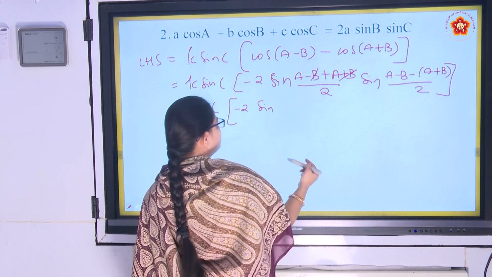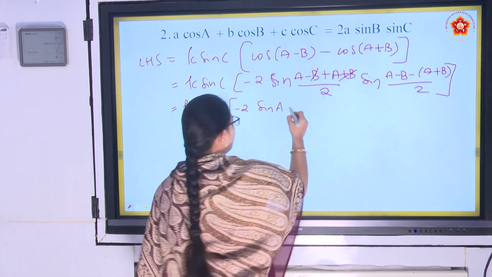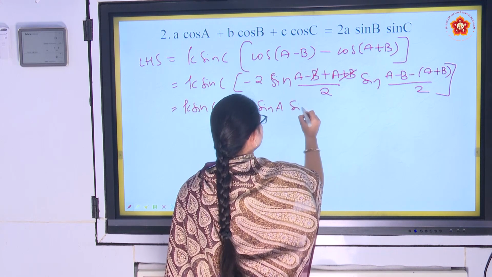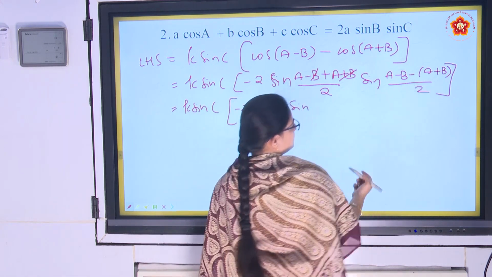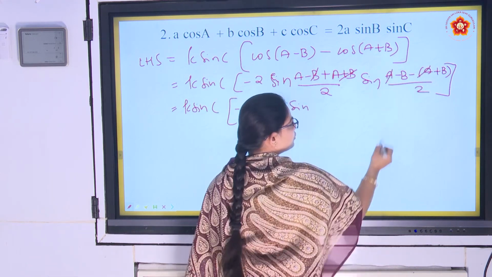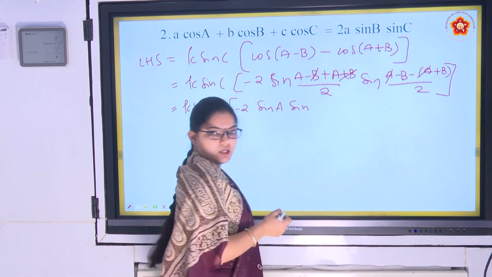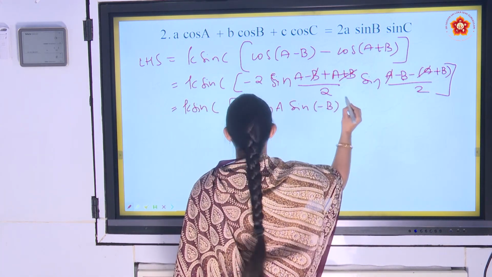So 2A by 2 is A. And here sin of (A minus B) minus (A plus B). So A minus A is 0, minus B minus B is minus 2B by 2, that is minus B.